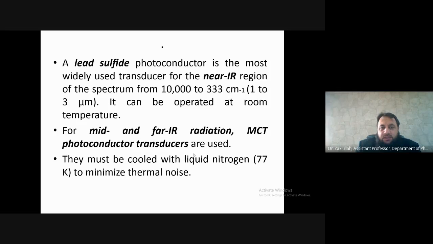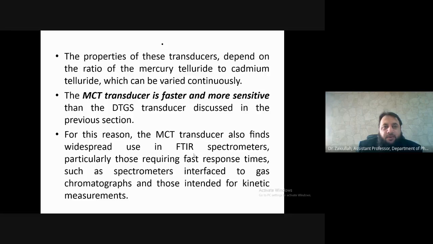So as I told you, MCT are the most commonly used transducers in the FTIRs. They must be cooled with liquid nitrogen to minimize the thermal noise. So they are actually working at very low temperatures. The properties of these transducers depend on the ratio of the mercury telluride to cadmium telluride, which can be varied continuously.